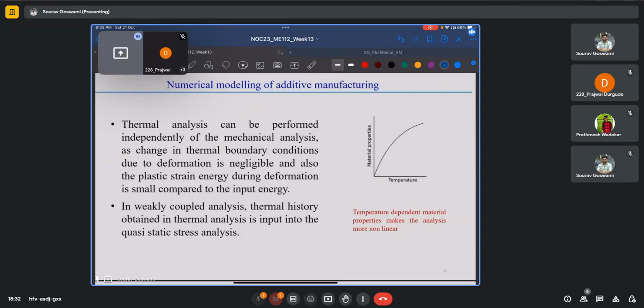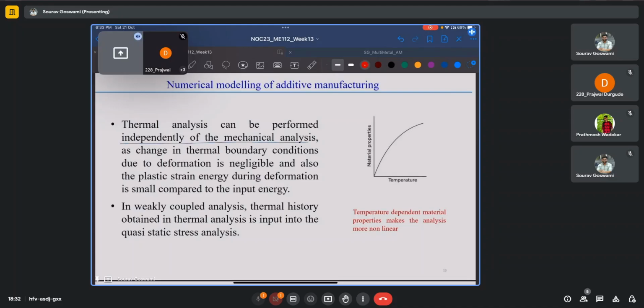Now, one way to do the numerical analysis of additive process, since it involves both thermal loads and mechanical stresses, is to decouple them and perform them sequentially. So one of the approaches is to actually perform the thermal analysis independently of the mechanical analysis.